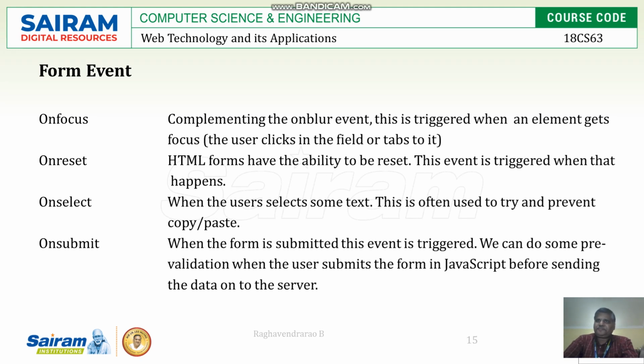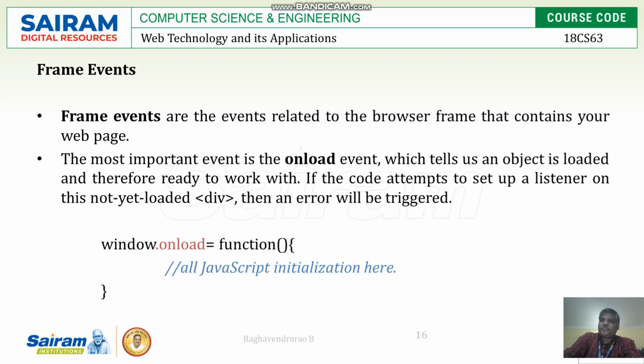On select, you select the text like this, and when the select option is there, you can copy or paste. On submit, the action goes to the server, to whatever path you have written. These are the form events.